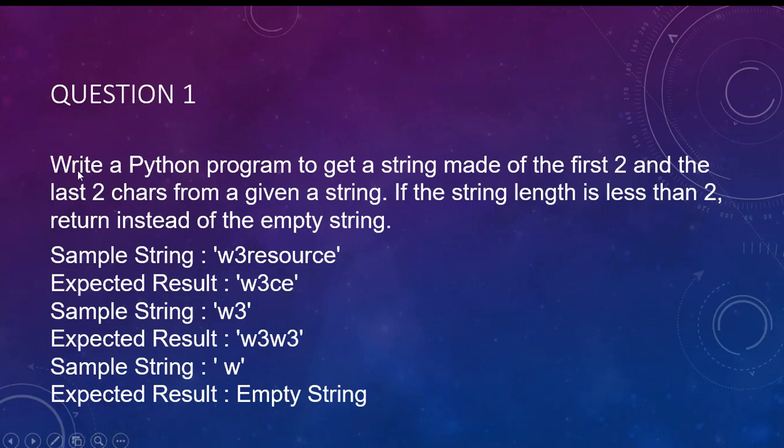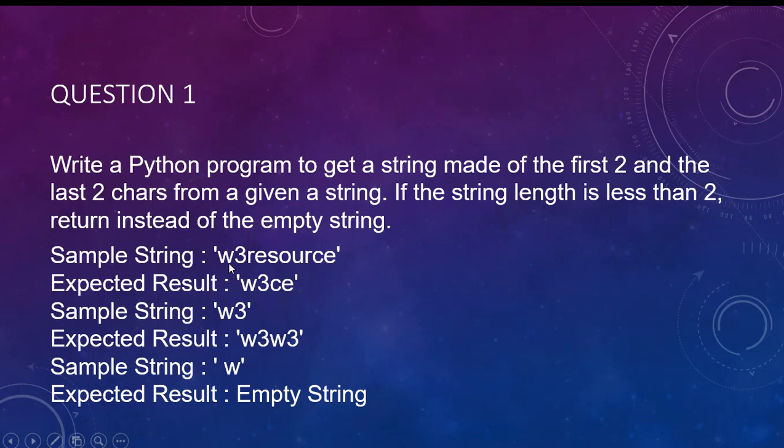Now on your screen, you can see a question. Write a Python program to get a string made up of the first two and the last two characters from a given string. If the string length is less than 2, return instead the empty string. Okay. So now, for example, we have W3resource.